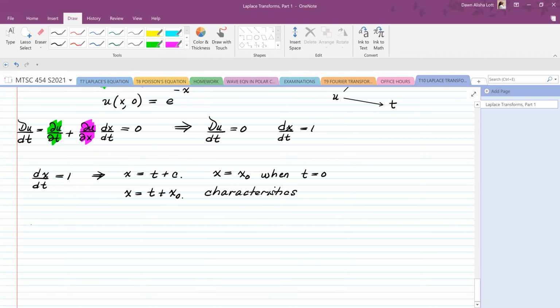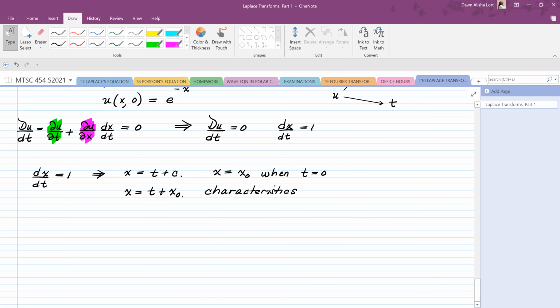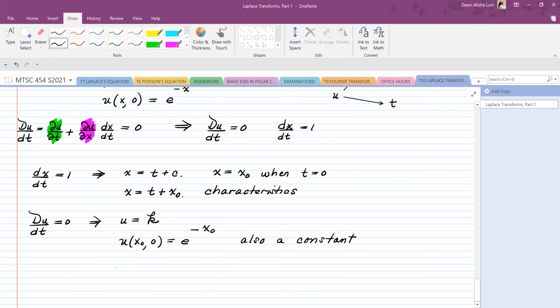Okay, du/dt equaling 0 implies u is just a constant. So now u of x naught and 0 is equal to e to the minus x naught. And since u is a constant, that implies then that the constant is e to the minus x naught.